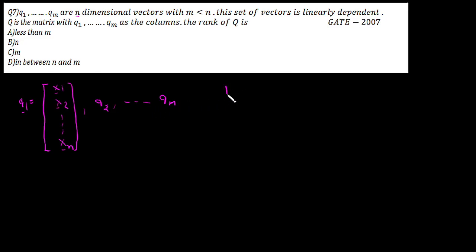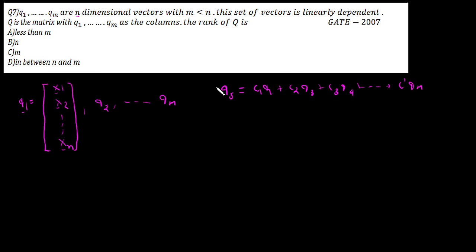That means let's arbitrarily assume any q, let's call it q5 for a simple example. So I can write this q5 as some constant times q1 plus a second constant times q3 plus a third constant times q4 plus up to another arbitrary constant times qn.